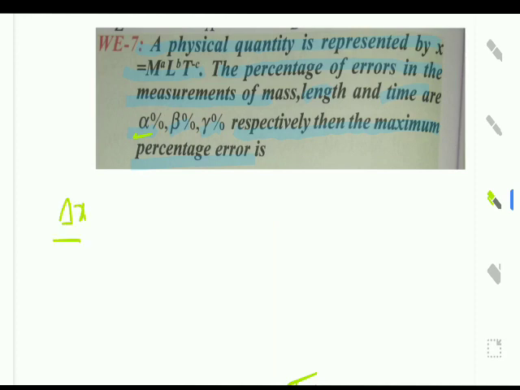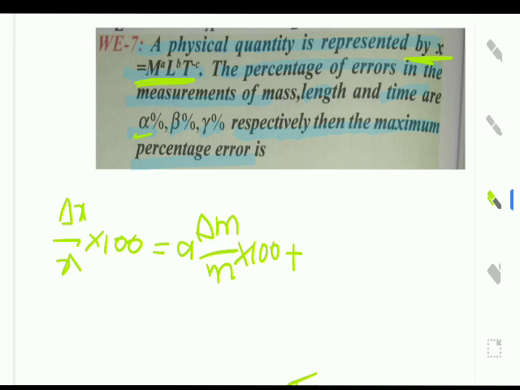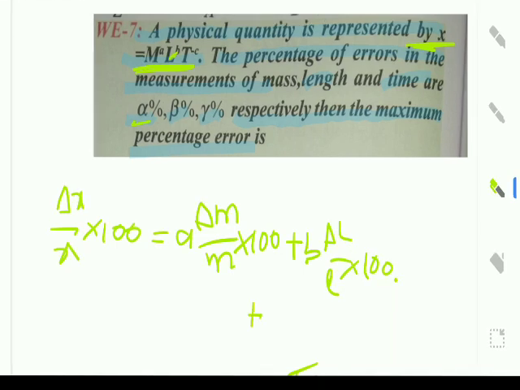the maximum percentage error, delta x by x into 100 is equal to a into delta m by m into 100 plus b into delta L by L into 100 plus c into delta T by T into 100.